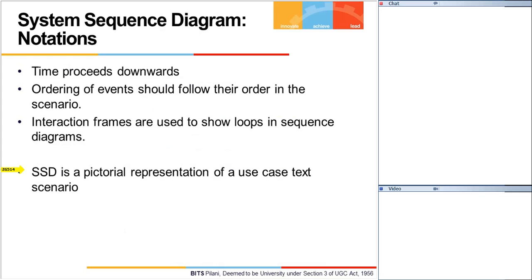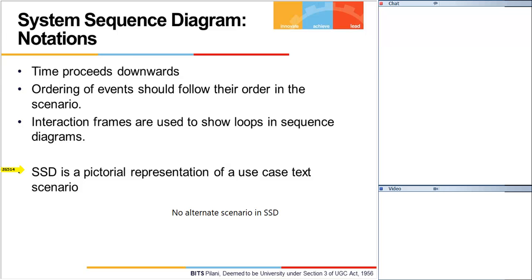So whatever SSDs you will see, you will find that it tries to capture only the main success scenario of the use case text scenario, right? Only the main success scenario is what is captured, right? With this, I finished the notations.